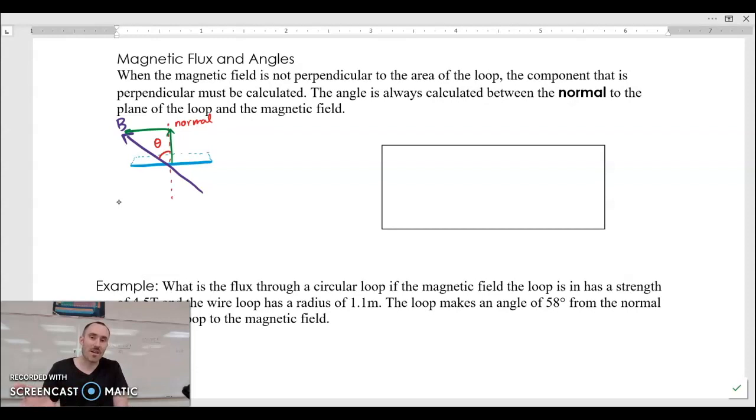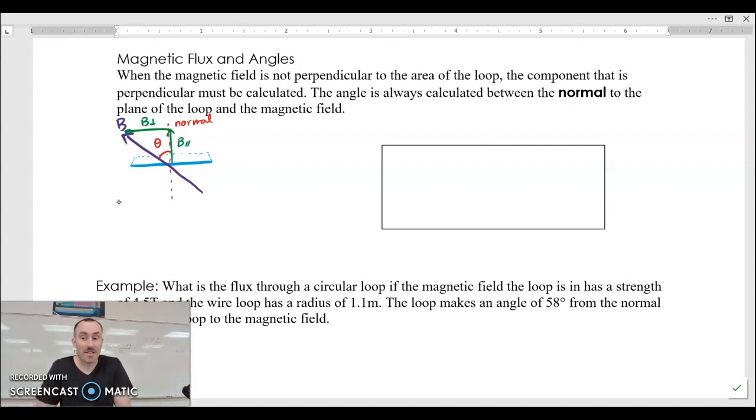Okay, and again, because we're measuring our angle from the normal line, this right over here would be B parallel to the normal line, and this over here would be B perpendicular to the normal line. It isn't really necessary that we name them that way, because we're going to make sure that the angle that we're using is between the normal line and the field. Okay? So we want to use B parallel to the normal line.